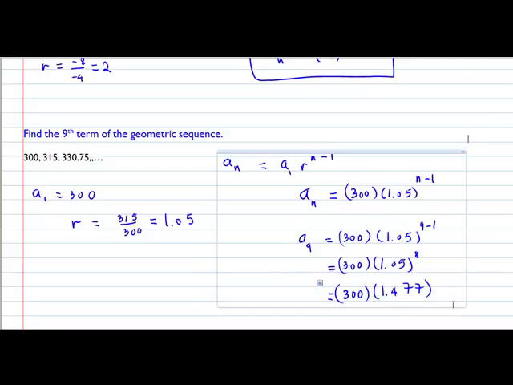I put 1.05 to the 8th power in the calculator. I have 1.477. I keep 3 decimal places, and then I multiply that by 300. I have 443.237 approximately. So that is term number 9 for this sequence.